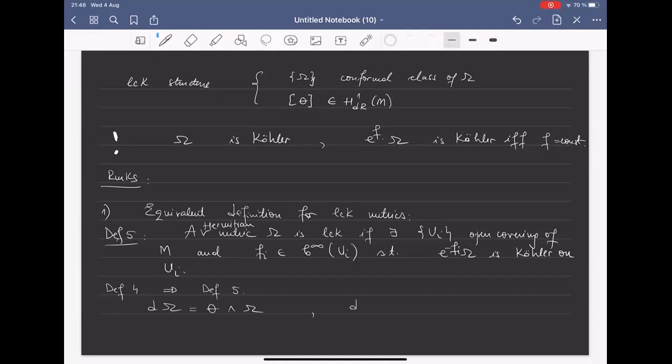Since theta is closed, there exists an open covering of M such that theta is exact when restricted to these open sets. And the primitives, of course, are smooth.